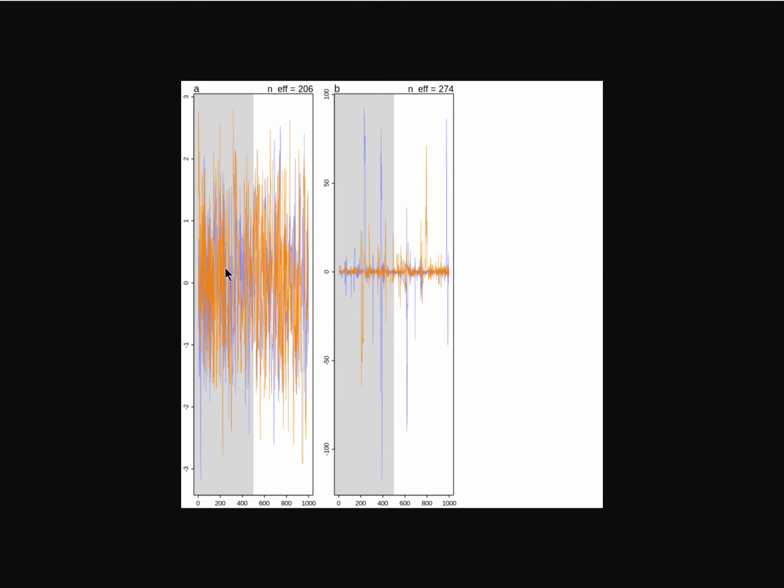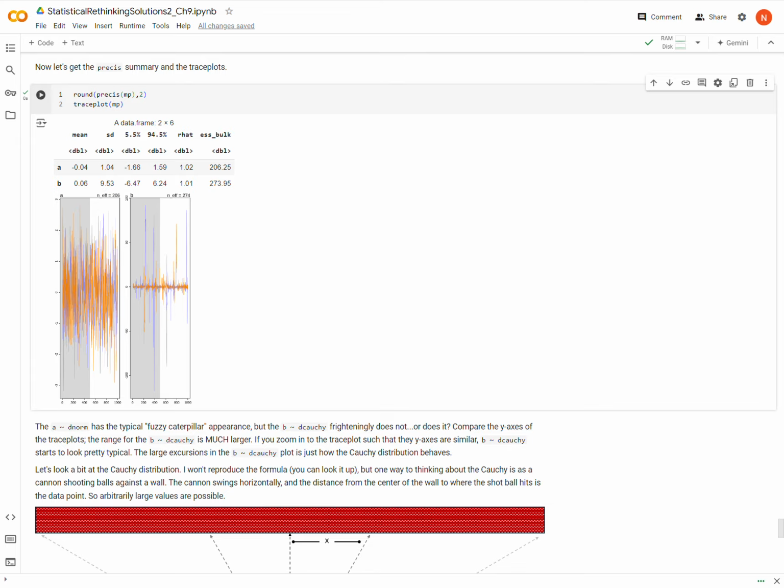It looks like there's good mixing, and the two chains look reasonably similar. But then we come over to B, which was the Cauchy distribution, and this looks maybe pathological. It doesn't really look like a fuzzy caterpillar anymore. It looks like a smushed bug with many legs or something like that. So that's interesting.